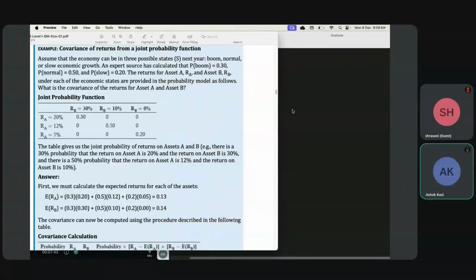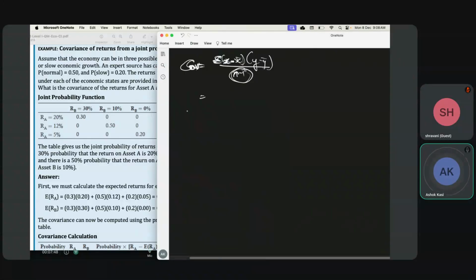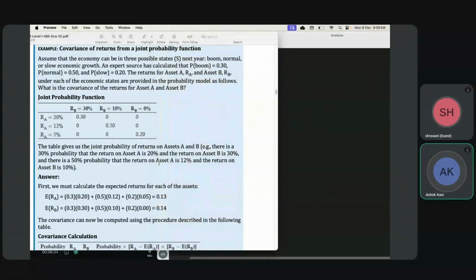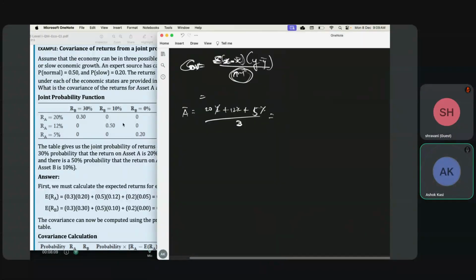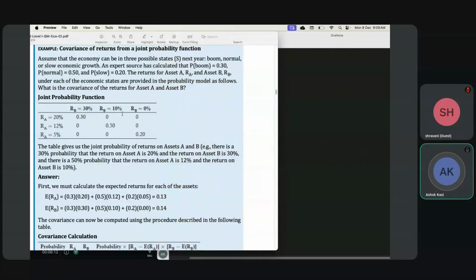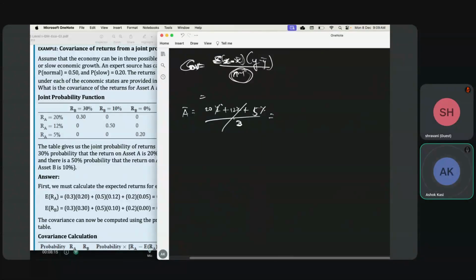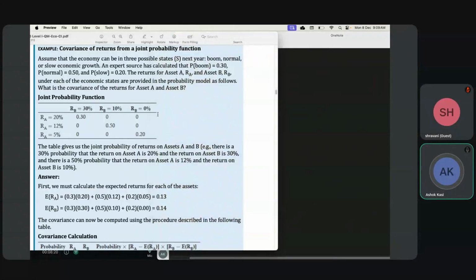So here it will be x minus x bar. First I need to calculate what a bar and b bar are. A bar will be 20 percent plus 12 percent plus 5 percent divided by 3. Actually, they have given weights also, so I should not take equal weight. I should take it according to this weight or probability.